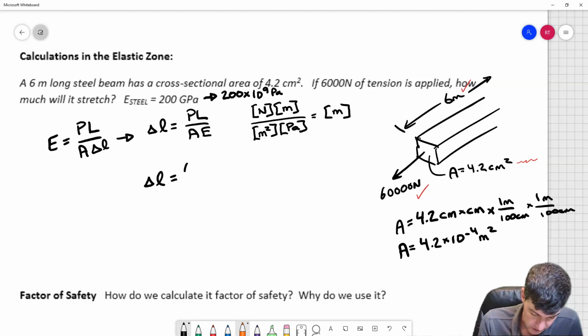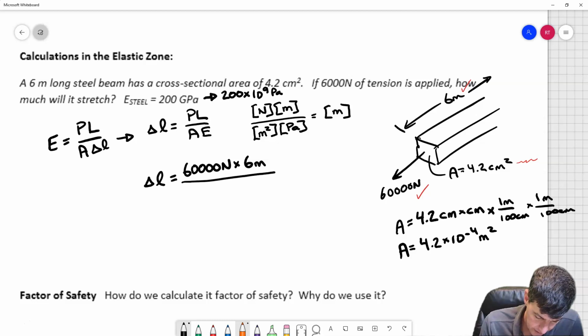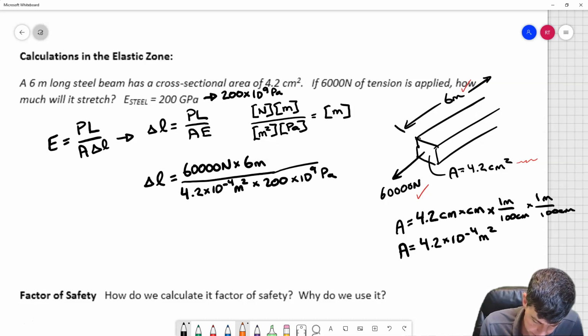So the force P is 60,000 newtons. The length 6 meters. We're going to divide that by the area, 4.2 times 10 to the negative 4 meters squared times 200 times 10 to the 9th pascals.